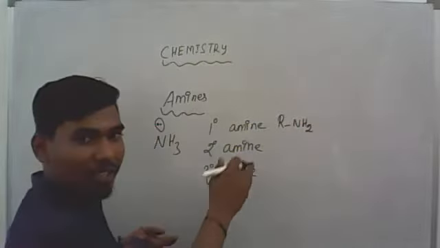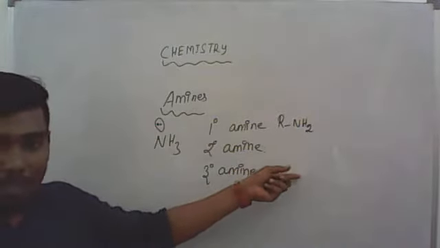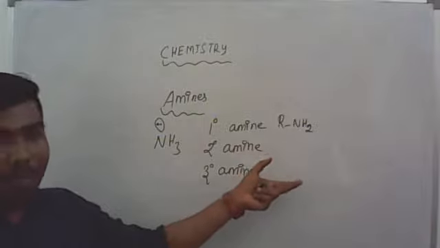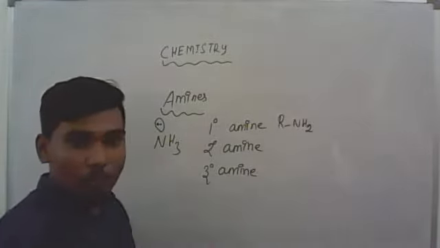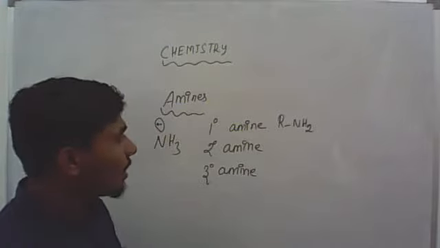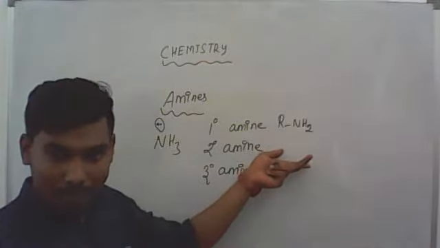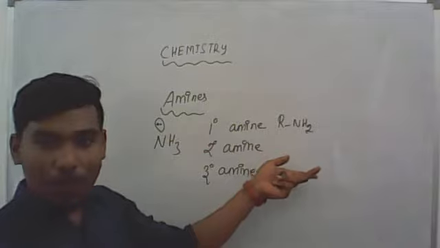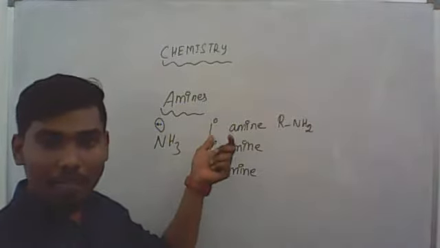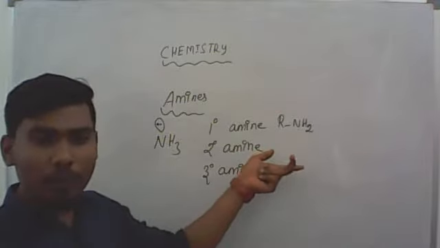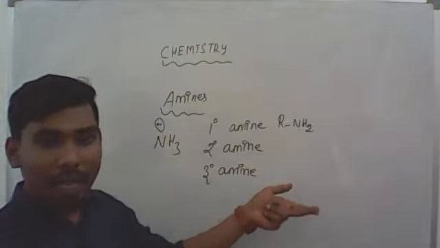Out of three hydrogens, one hydrogen is replaced by the R group. The R group may be an alkyl or aryl group. Alkyl means ethyl, methyl, propyl, butyl, pentyl. And aryl means benzene based compounds. Benzene based compounds are called aromatic amines, and alkyl, butyl, pentyl compounds are called aliphatic amines.